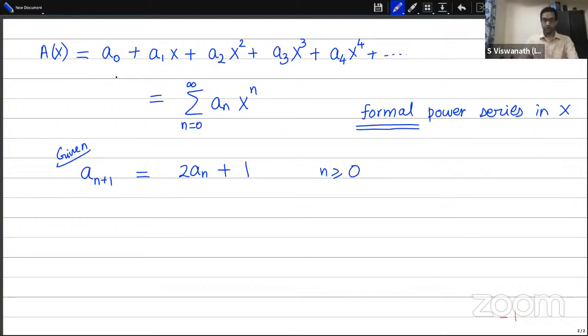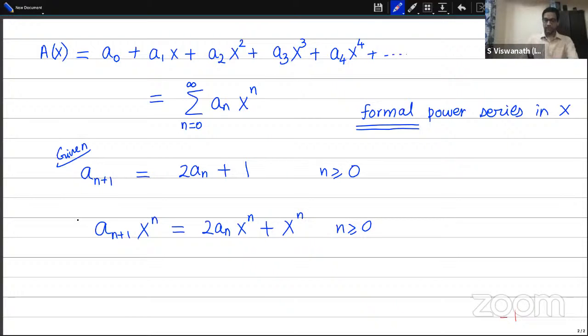Okay, so let us see how you would derive the corresponding power series recurrence, if you wish. Here's the thing. Let's multiply both sides of this equation by x to the power n. x is some formal variable. I just multiplied both sides by x to the power n. Of course, this is still valid for all n greater than or equal to 0.